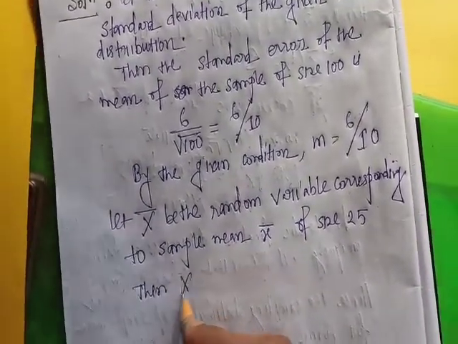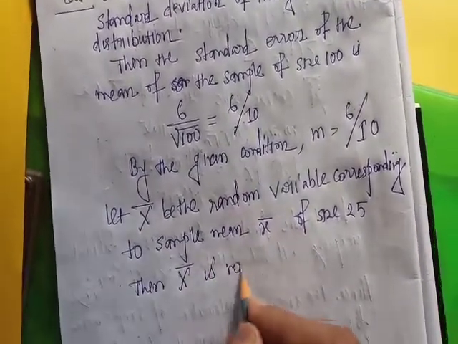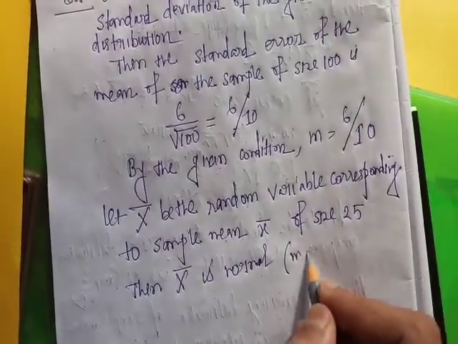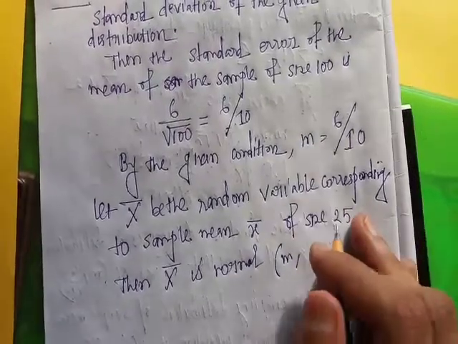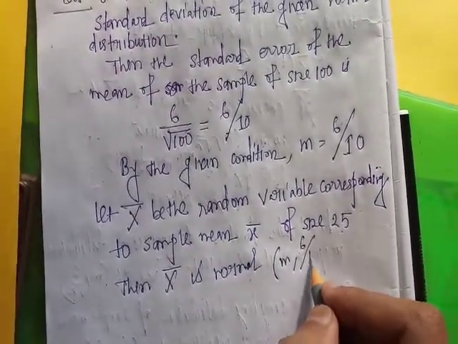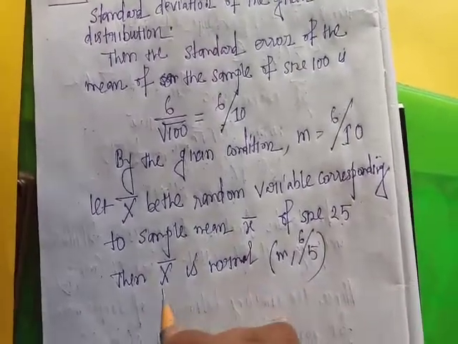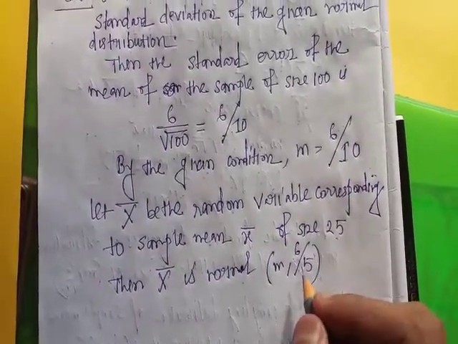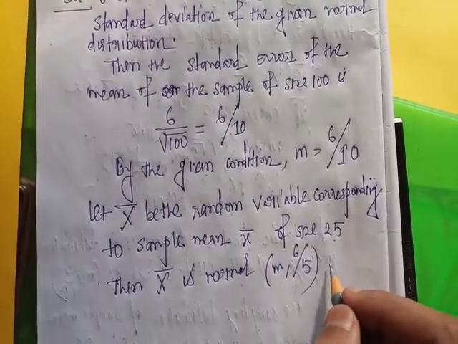Then capital X bar is normal m comma sigma by root n variate. Here n is 25, so sigma by root 25 means sigma by 5. So capital X bar is normal m comma sigma by 5 variate.